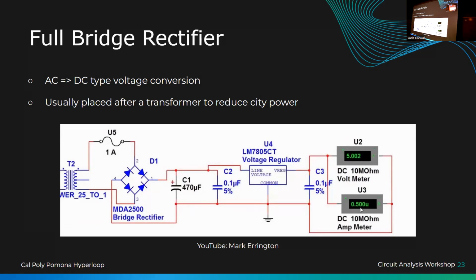Then the voltage regulator will regulate it and output something like a line, still a little wavy, but a line. It's not like a sine wave. DC is basically like a line, right?